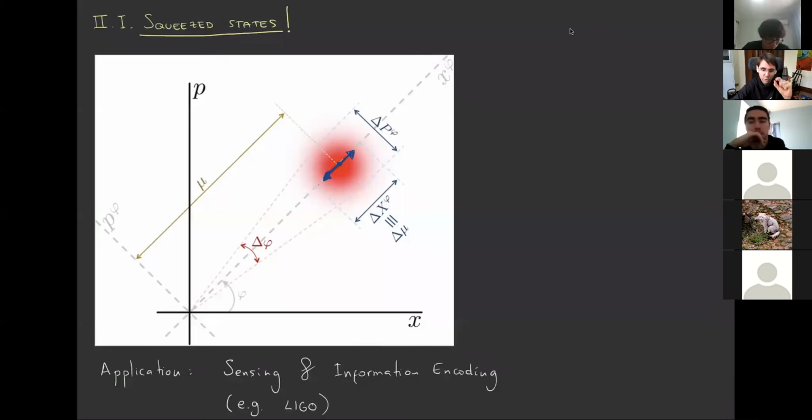So the resolution, or the sensitivity, that our experiment has to external signals is set by this uncertainty of the quadratures. And this is why we say that the fact that the uncertainty of any quadrature in any direction phi is equal to 1 sets a limit to sensing or information encoding, and we call this limit quantum shot noise.